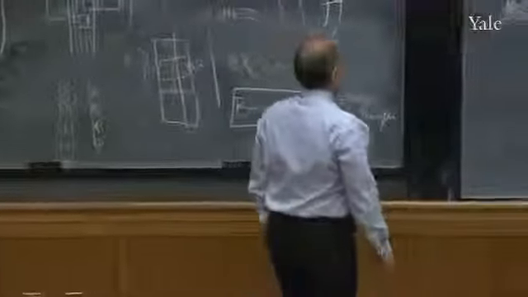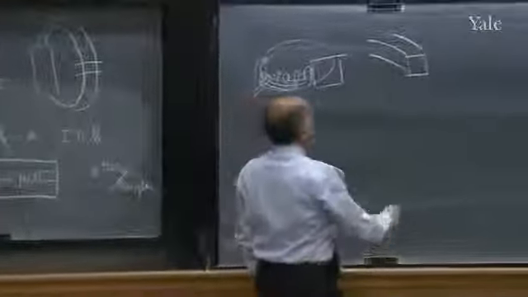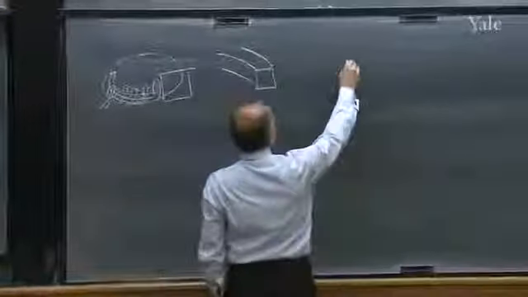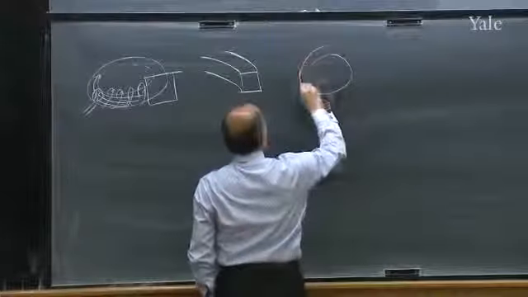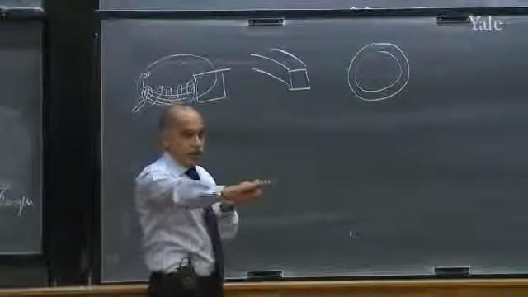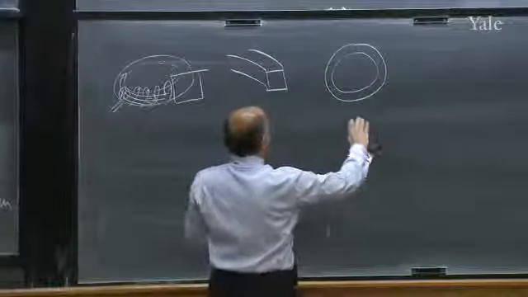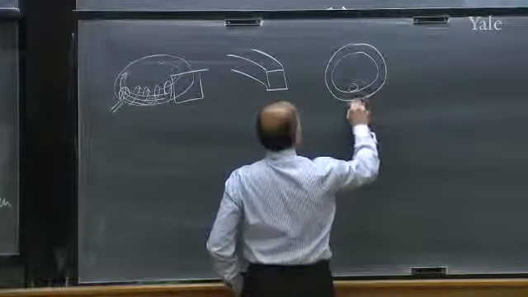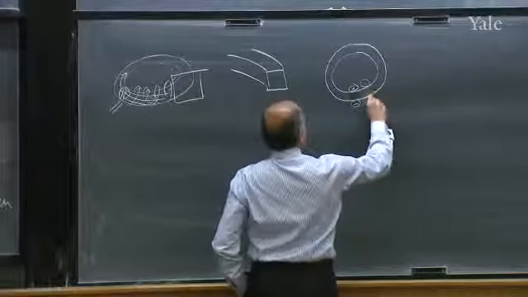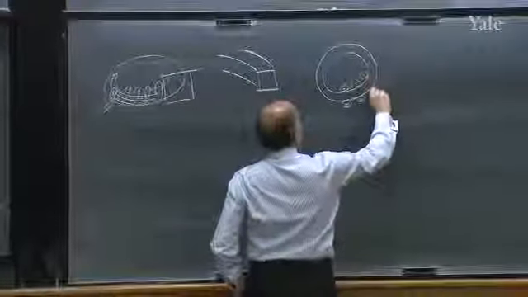For that, I'm going to slice the donut the way you normally slice a donut. Okay, you normally slice a donut so it looks like this. This is half the donut. You cut it, then let's say the wire looks like this one. That guy is coming out of the board, going into the board, coming out of the board, going into the board.